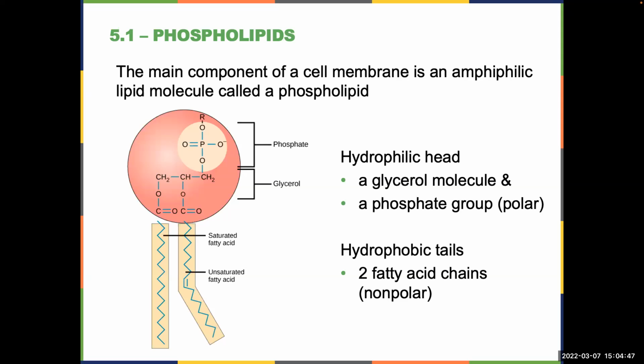Okay, so as you know, phospholipids have a phosphate head and two fatty acid tails. The phosphate group is attached to glycerol. And for your fatty acids, we typically draw one being saturated and the other one being unsaturated.